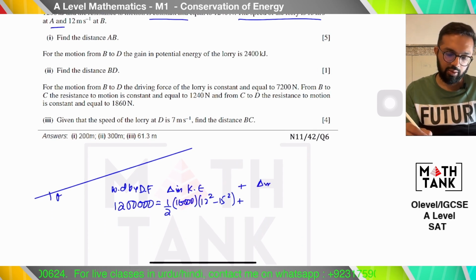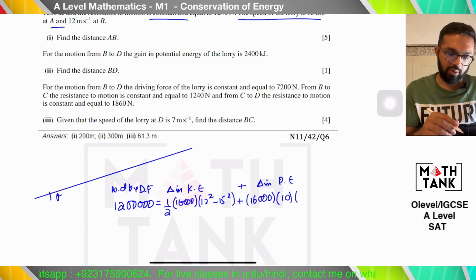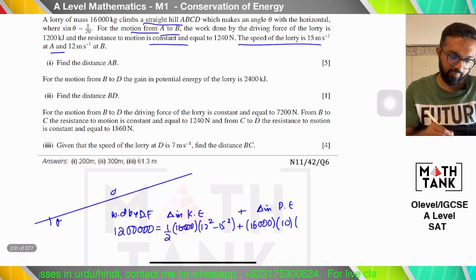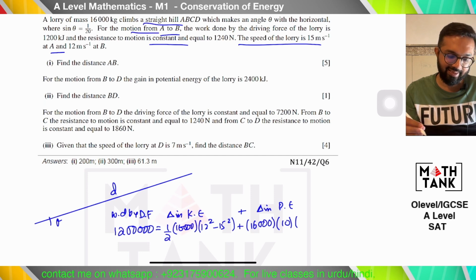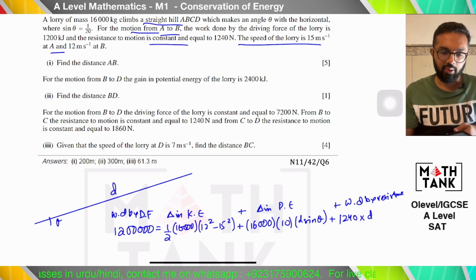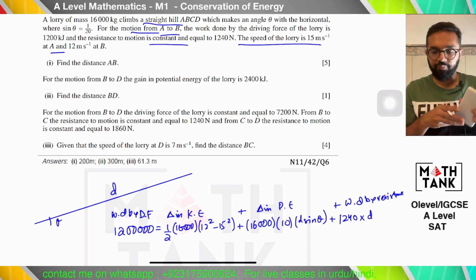Since I don't know h, whatever distance this is, it's going to be d sine theta, plus work done by resistance. So that's 1240 multiplied by d, which is the unknown distance AB.